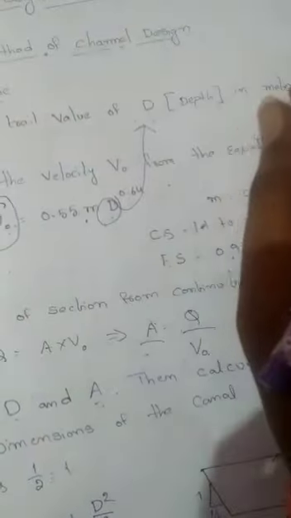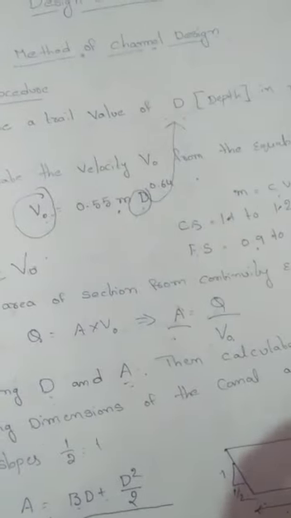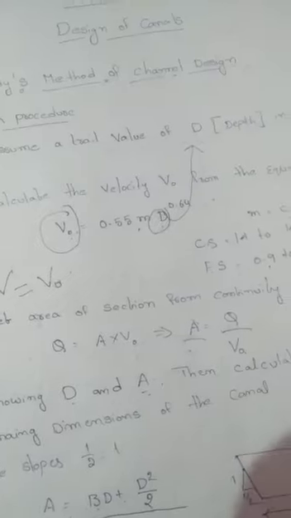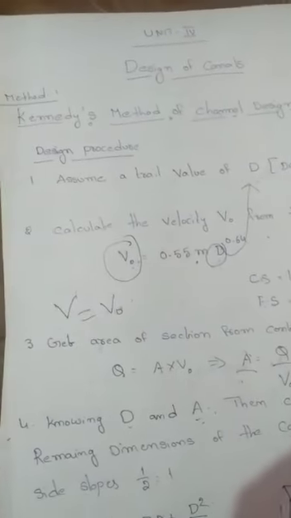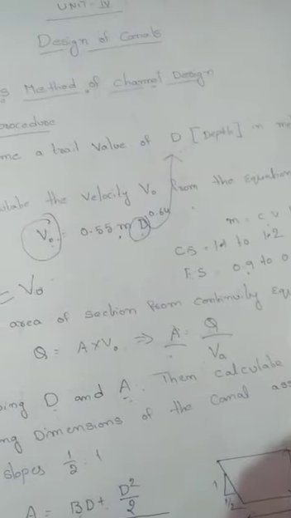Kennedy didn't give any equation for bed slope, but Lacey gives an equation for bed slope. So these are the methods of designing canals: one is Kennedy's and the second is Lacey's.